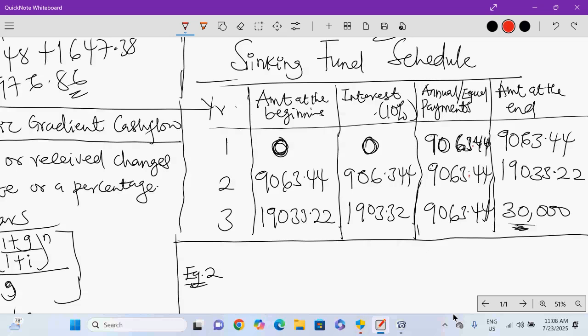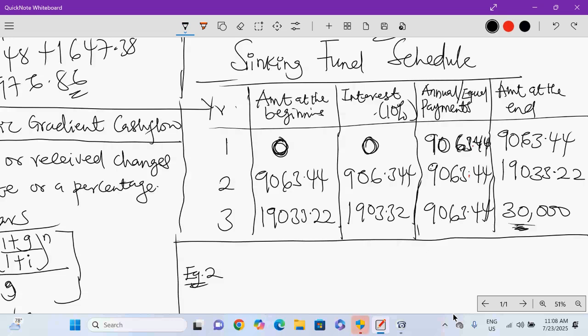Okay. Thank you. You add the three to get the amount at the end. This plus this plus this, you get the end. This will be at the end of year 2. When you are starting year 3, that will be the amount in the fund, right? Then compute the interest on it. Because you are keeping your amount in the fund, you earn interest. So the interest 10% will be added to it.